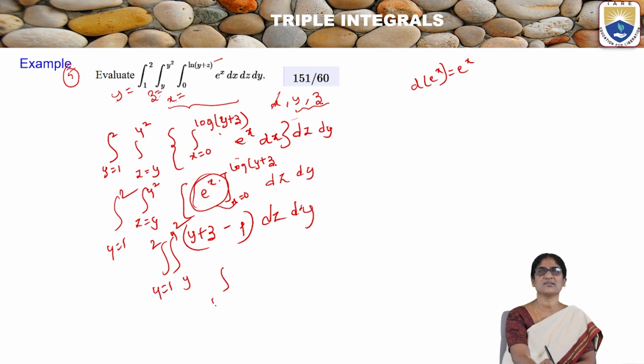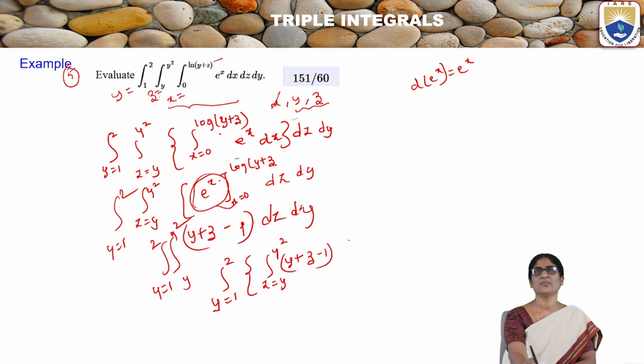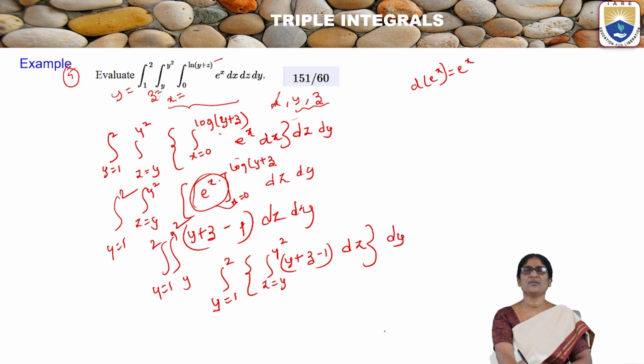That you can write it like this: y is equal to 1 to 2, open the brackets, integral of z raises from y to y square, y plus z minus 1 into dz, close the bracket, into dy.